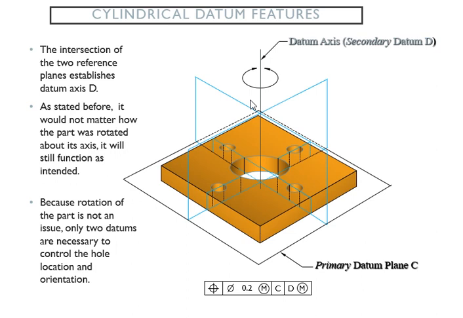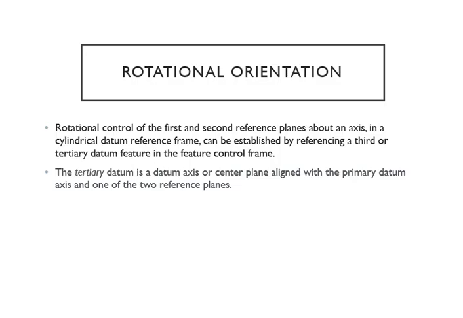So again, we only need 2 datums to control this, the location and the orientation. Location is where they are, and orientation is how they are staying in space.